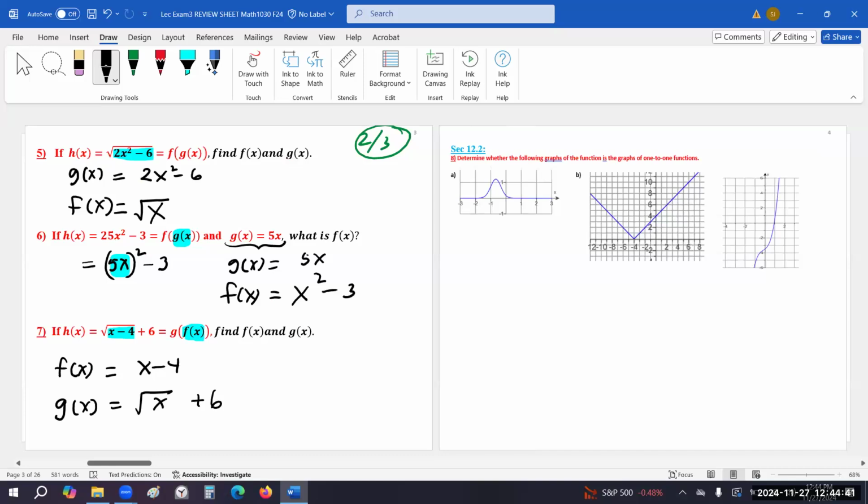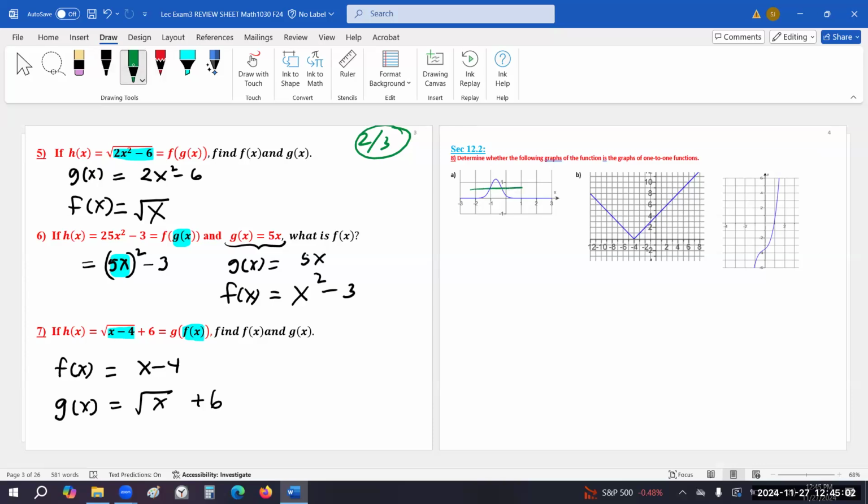The next ones are fun questions. I'm going to give you a few, like 3 or 4. They're asking which of these represent a one-to-one function. Do you remember how you find a one-to-one function? Horizontal line test.